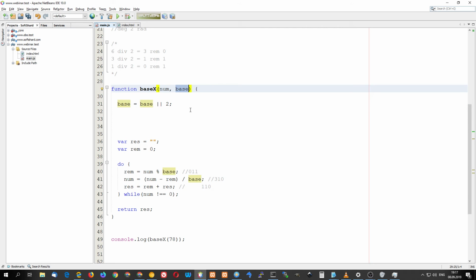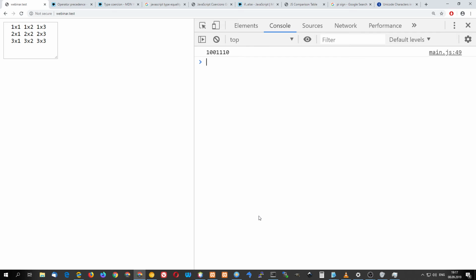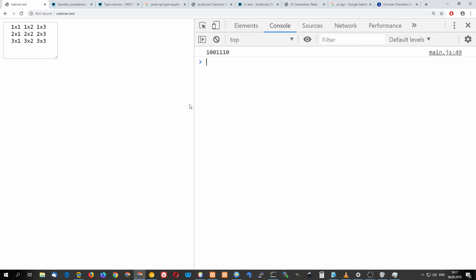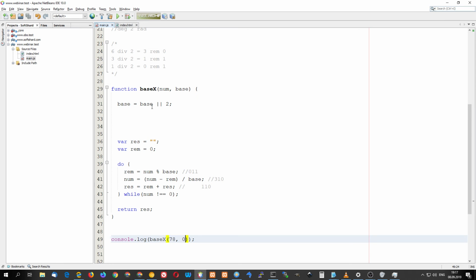So if this is undefined, then it's 2, and it still works. And as I've said, it would actually default even in this case, because 0 or 2 is 2. This evaluates to false, so we return the other value. Those are two ways how to make default parameters.